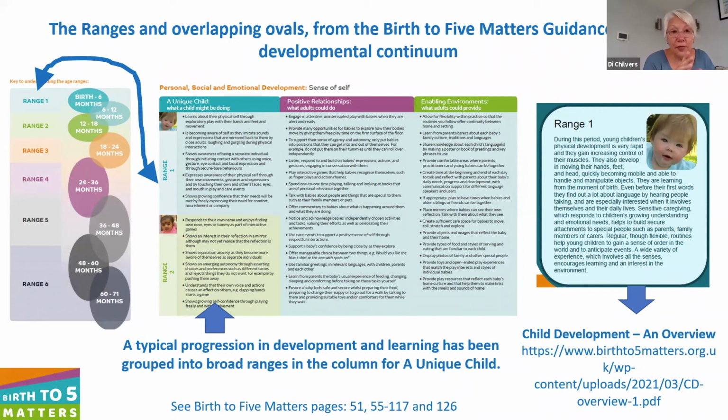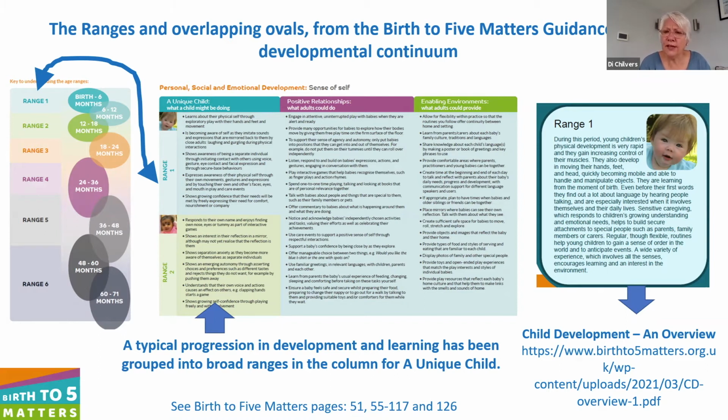So we can see how the ranges are there for each area of learning and obviously describe this typical progression. There's also a very helpful paper in the Birth to 5 Matters resources section of the website, and I would recommend downloading that and having a good look at it.